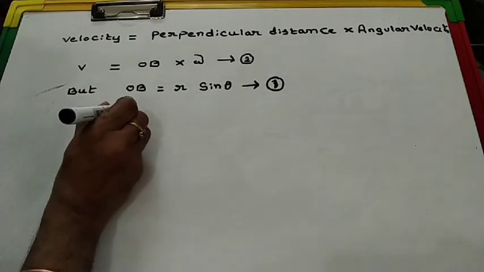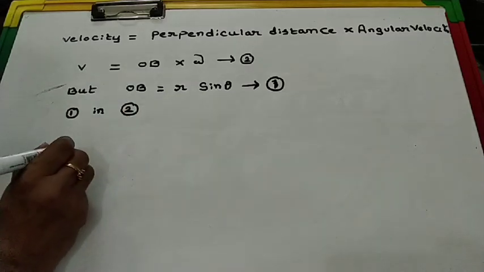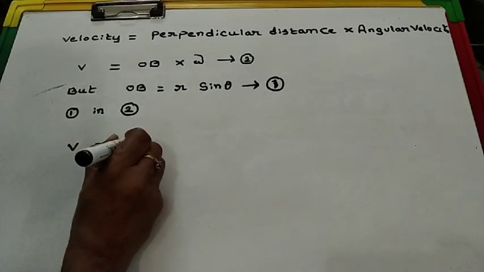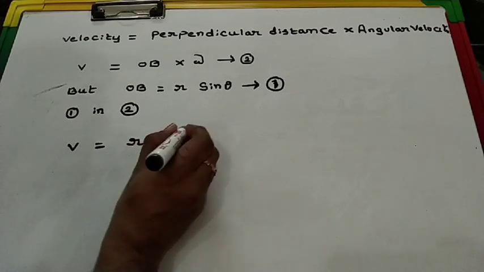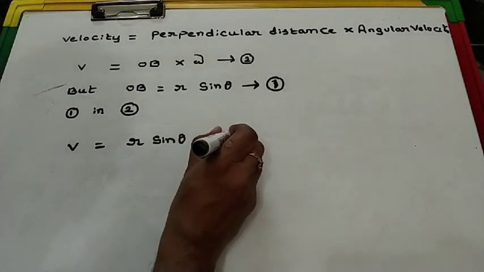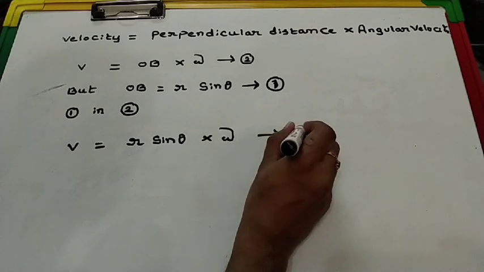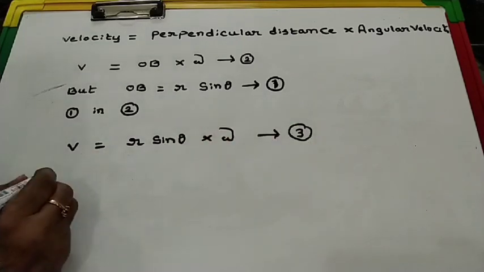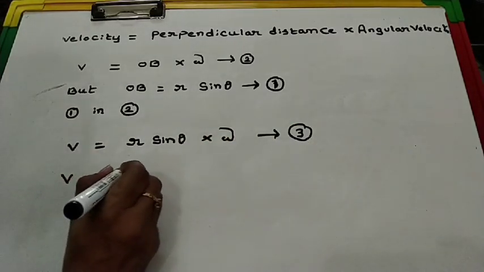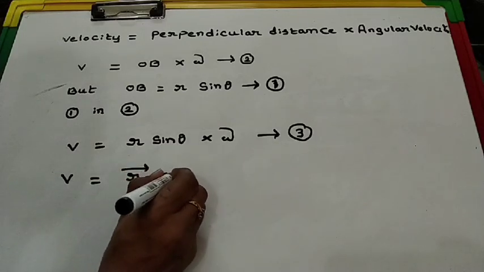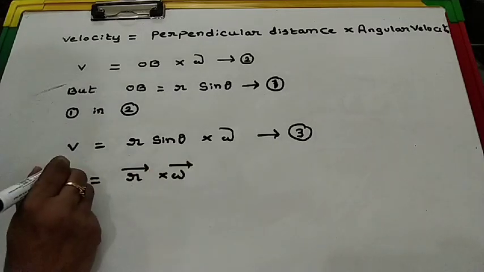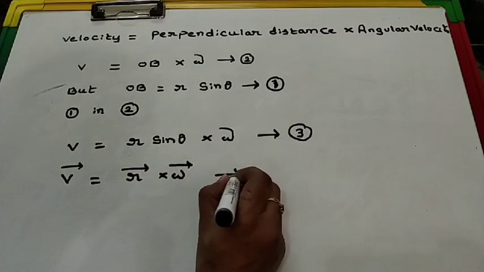In 2, V is equal to r sin theta into omega. Equation number 3. Therefore, V is equal to r cross omega in the form of vector notation.